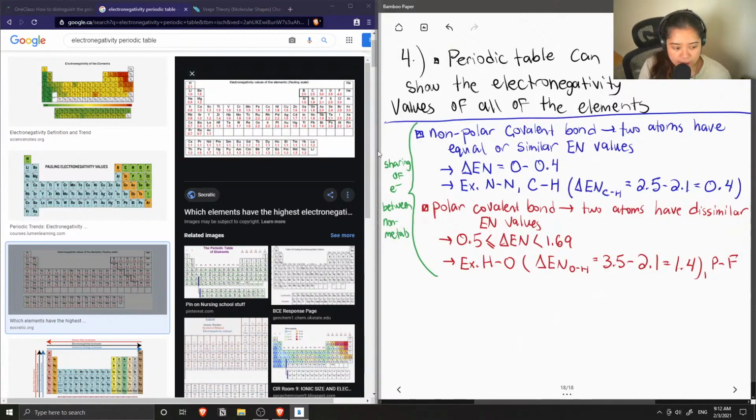And the reason I wanted to say that is because we can also have an ionic bond. Ionic bonds are between a metal and a nonmetal.